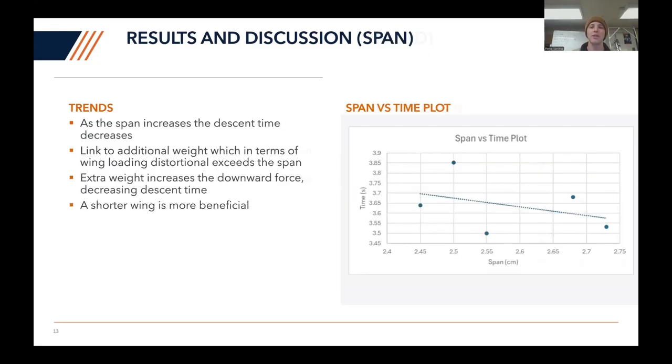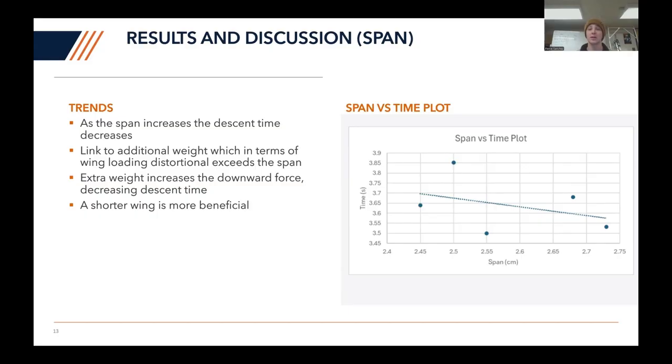Moving on to the span, however, we see that a longer span decreases the descent time. This challenges the previous statement of more area generating more lift, keeping the Samara seed in the air. This is because as the span increases, weight also increases. However, as weight increases, it actually affects the force on the overall Samara seed more than the lift being generated by a longer span.